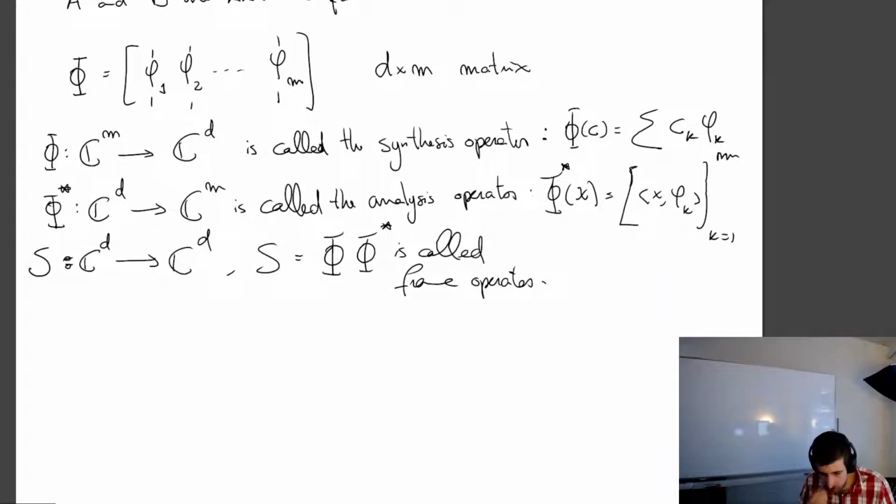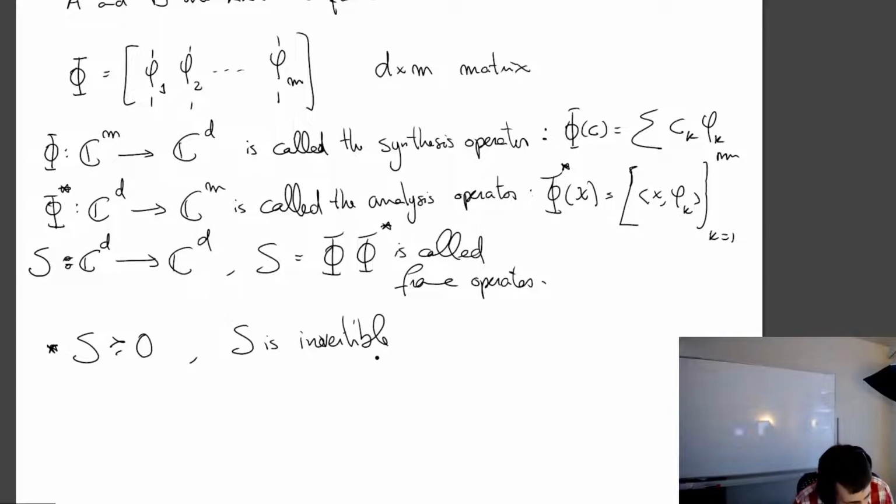Now maybe more interesting statements. Easy things first. This frame operator, the self-adjoint matrix, is positive semi-definite. It's of the form phi times phi transpose or phi conjugate. So of course it's self-adjoint, and S is invertible. This is worth trying to prove; I leave it as a challenge.